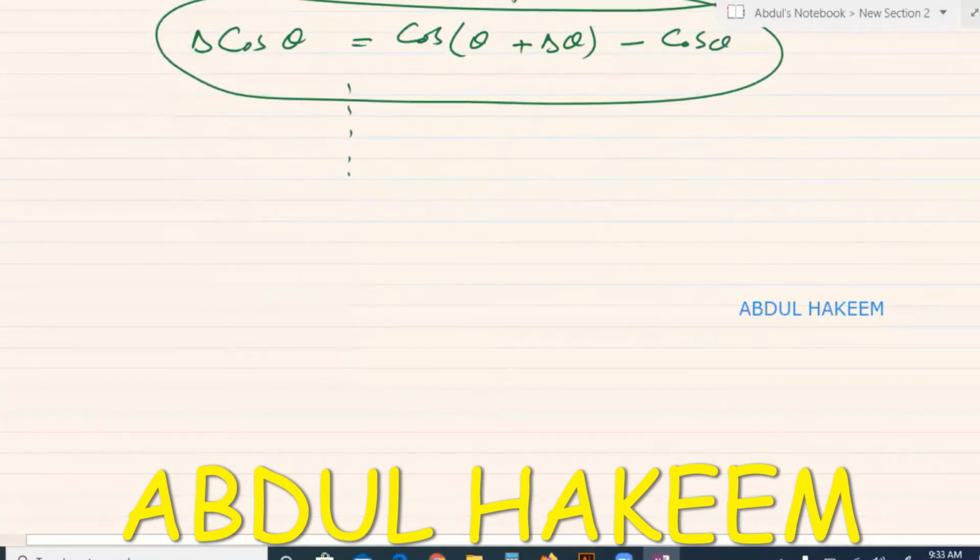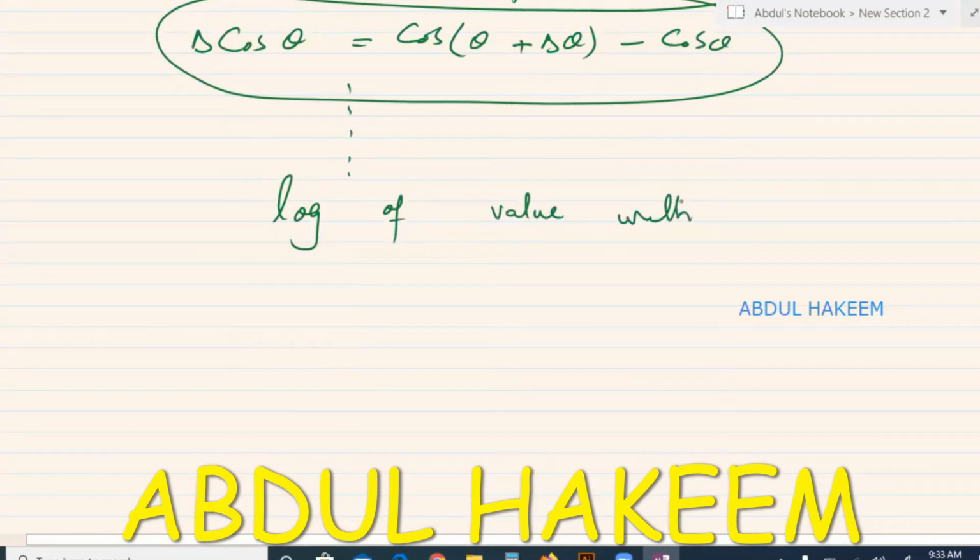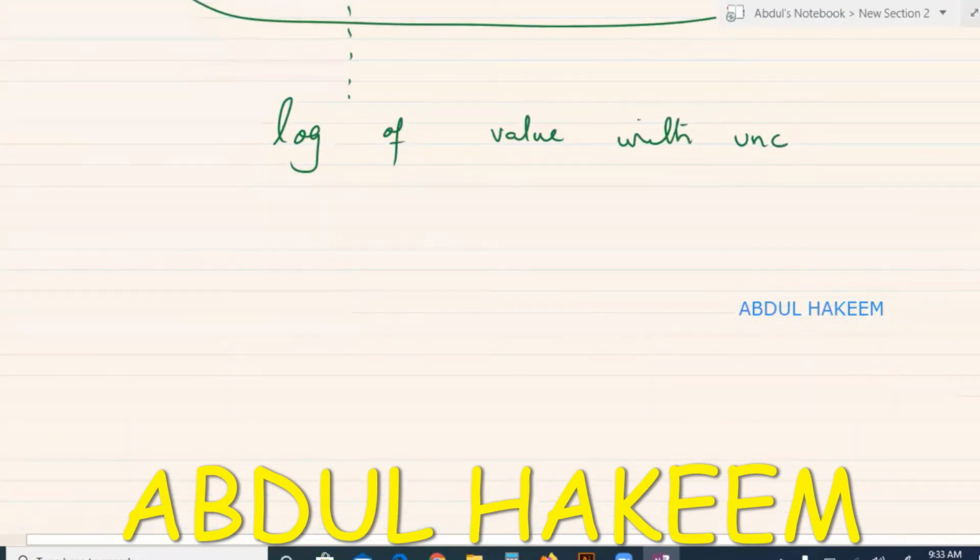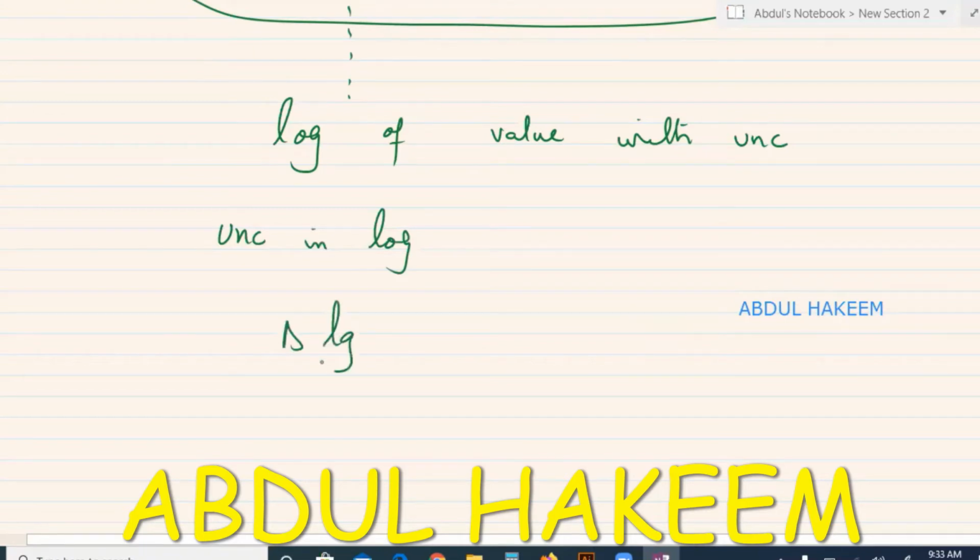Similarly, if the question is calculate the log of the value with uncertainty, we can calculate log from the calculator, but what is the uncertainty? For uncertainty in log, we have to calculate delta log.